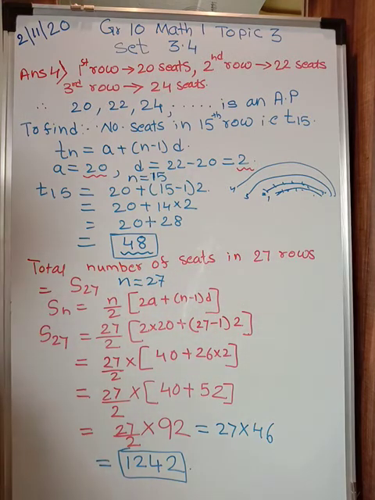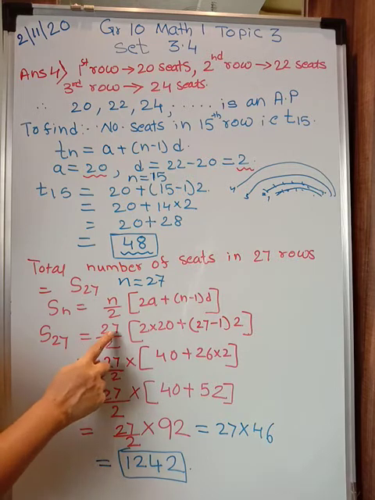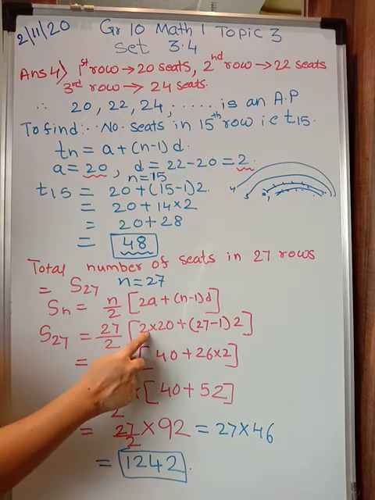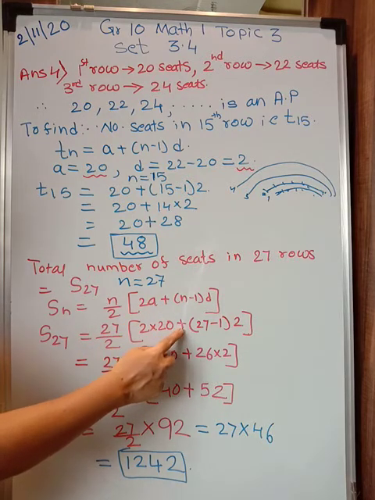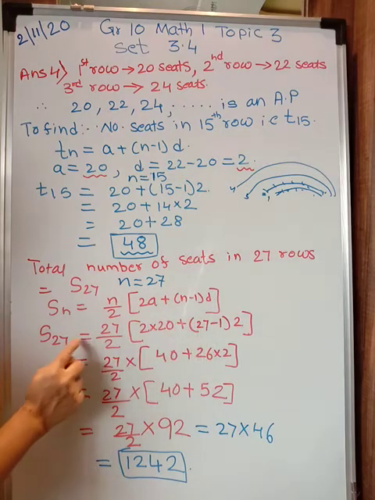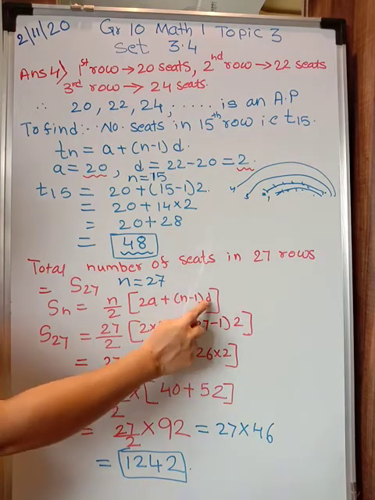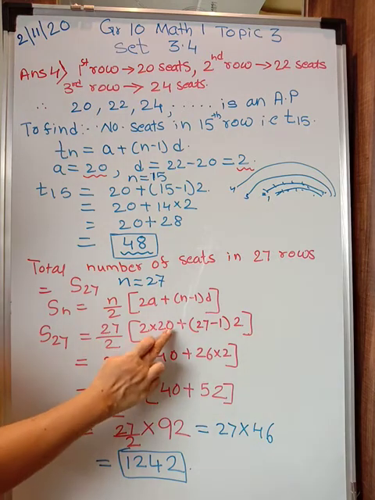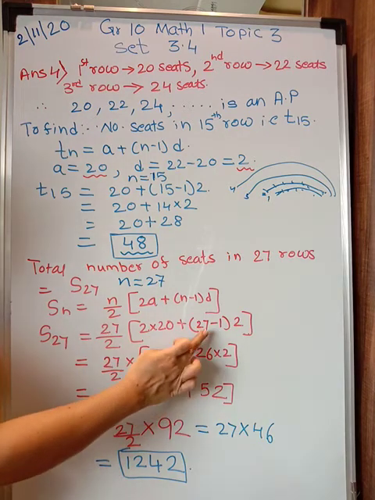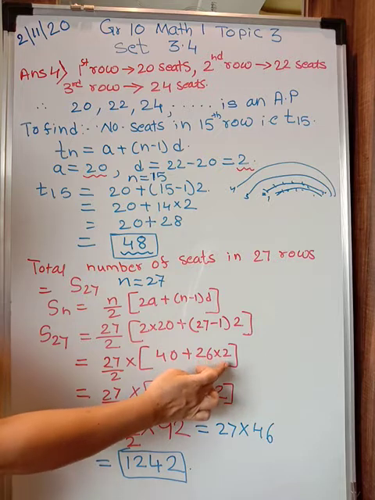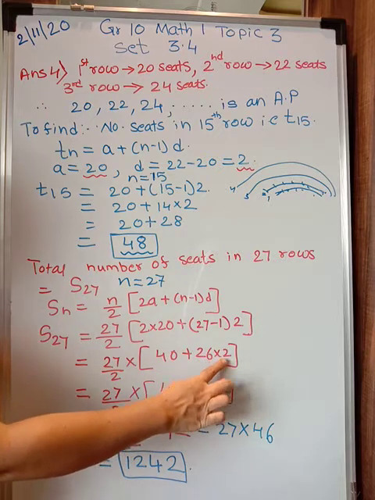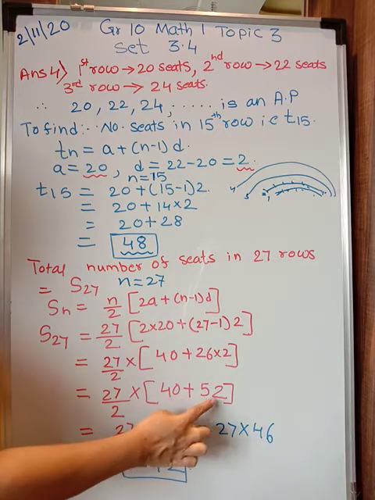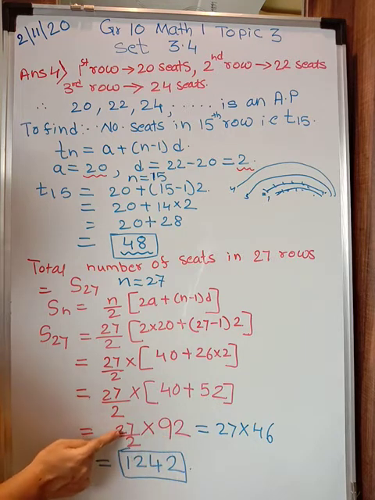So just substitute. S27 will be 27 upon 2, 2 into 20 plus (27 minus 1) into 2. So what you get? 27 upon 2 into (40 plus 26 into 2). 26 into 2 is 52, 40 plus 52 is 92. So you have 27 upon 2 into 92.